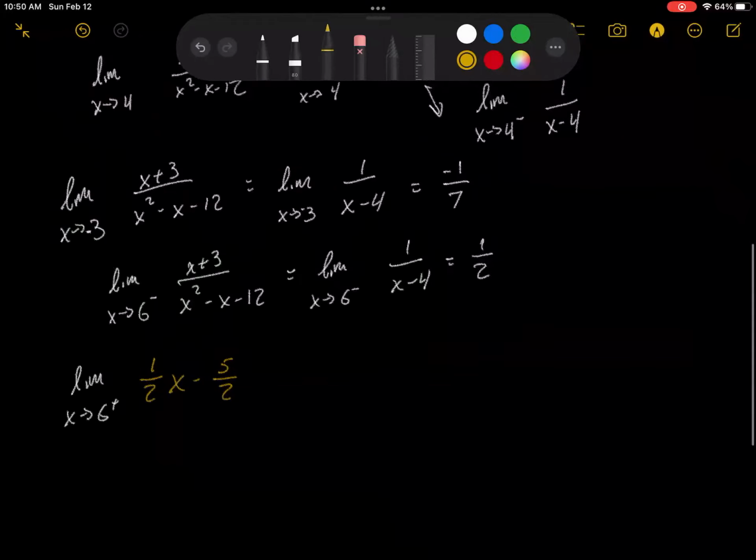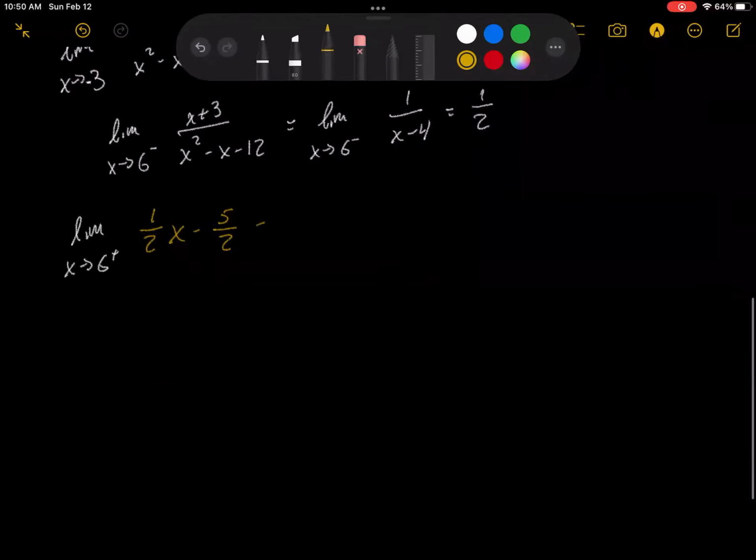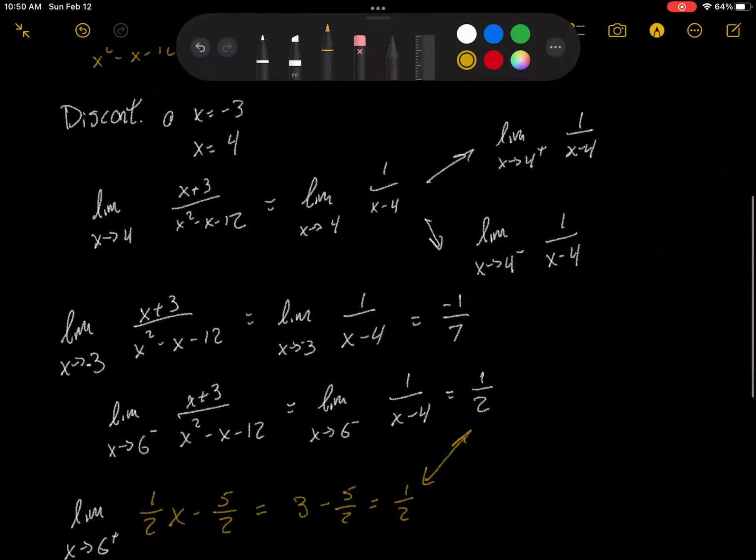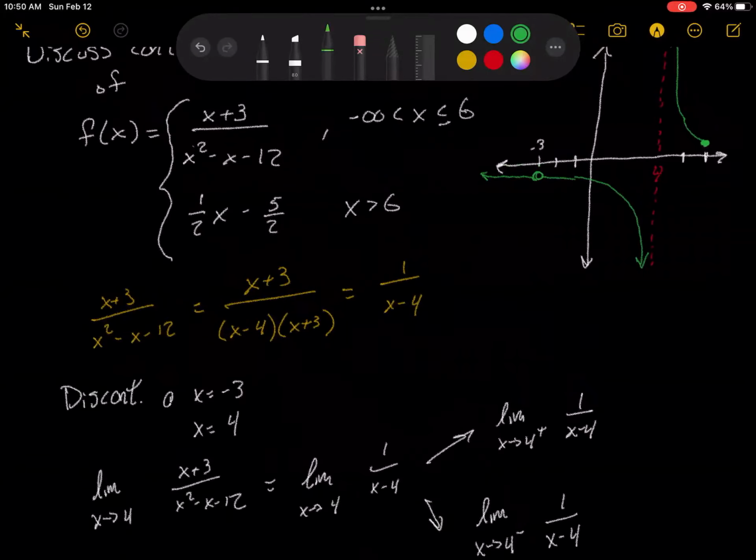I have no problem directly substituting. If I send x to 6, then I get 3 minus 5/2. That's 3 minus 2.5, or 0.5. I get a 1/2. So no matter if I approach 6 from the left or from the right, I get the same thing, which means my function is going to look like this.